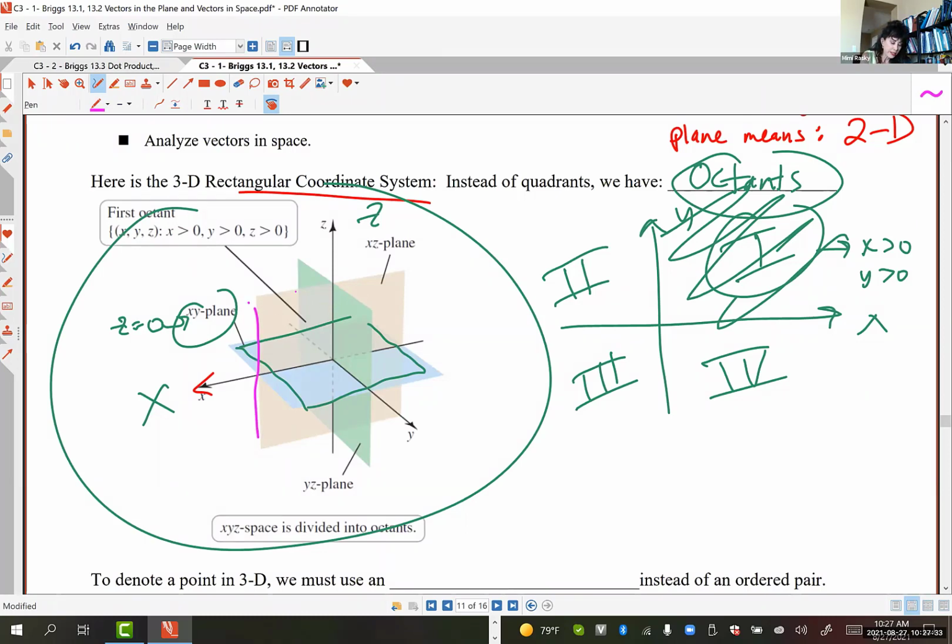It's got the X and Z axes in it. And it's understood when you're in the XZ plane that Y is automatically zeroed out. And finally, the third coordinate plane is this one here, the YZ plane, and it's understood that X is zeroed out in that coordinate plane.